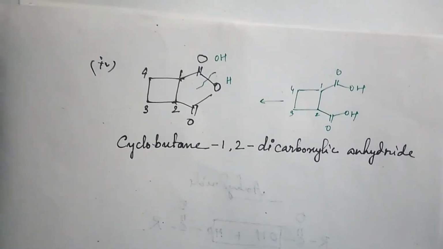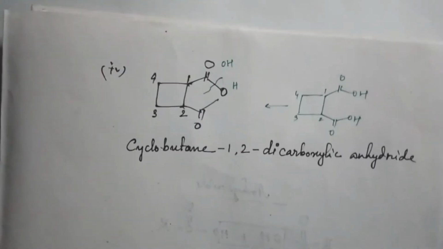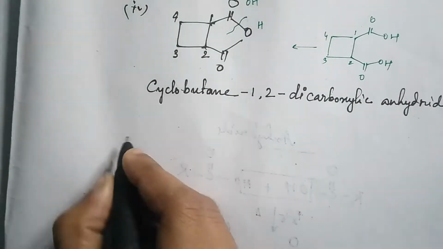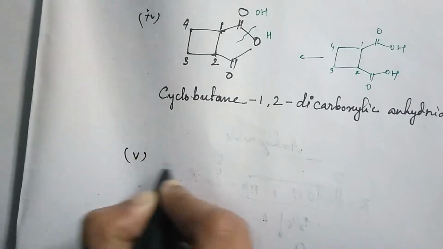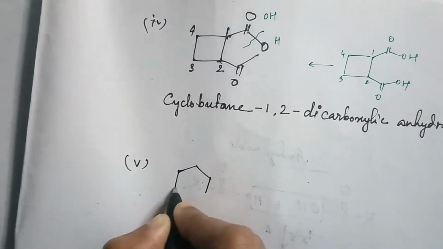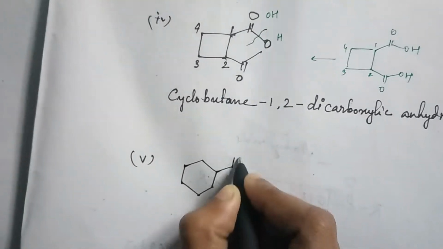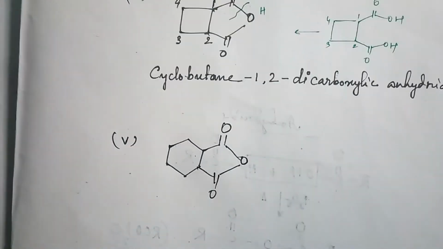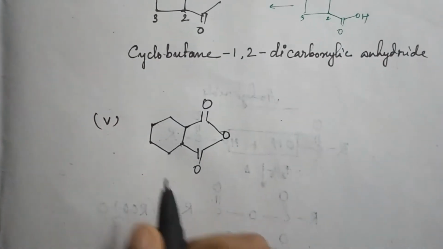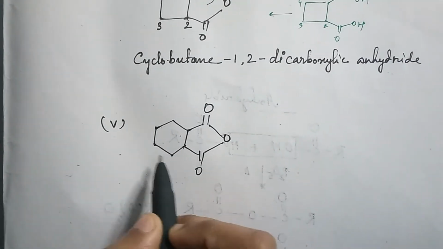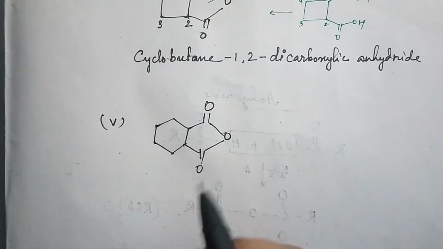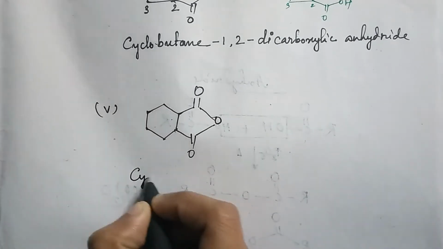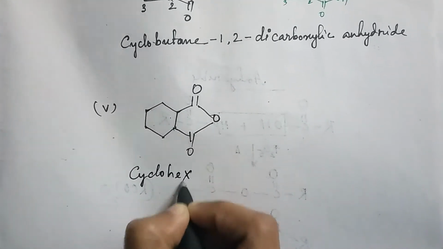Okay. Now take another example. Suppose. Okay. Now here you can see in this cyclic portion total 6 carbon atoms are present. So we can write cyclohexane.